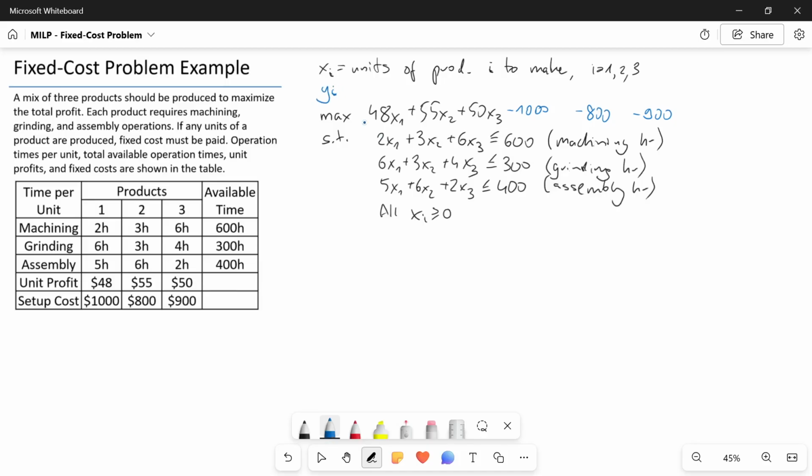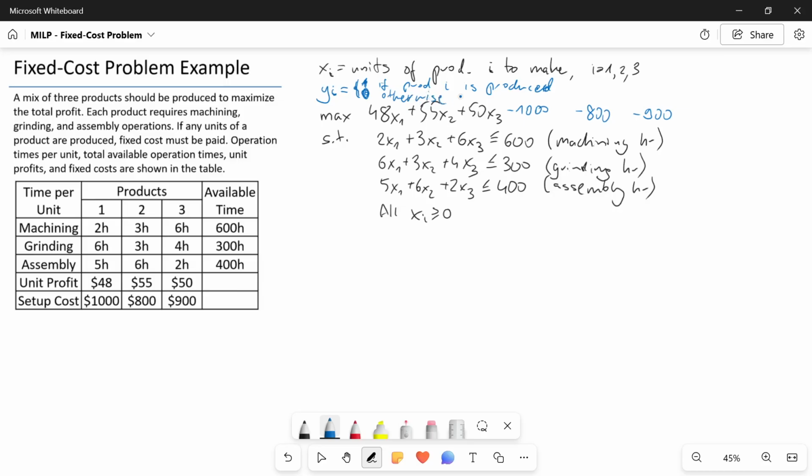The name is anything you like, but yi will be equal to 1 or 0: 1 if product i is produced. If it's produced, then the variable is equal to 1, otherwise it's equal to 0.